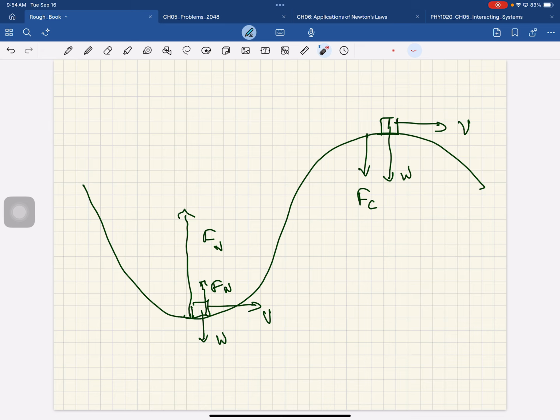So you can move at a speed such that the weight is providing the centripetal force, and you would feel weightless at the top. So at the bottom of a roller coaster ride, your apparent weight is large. Here it can go to 0. And this rapid change in apparent weight is what makes a roller coaster exciting.